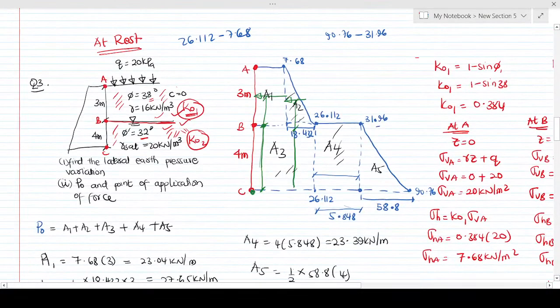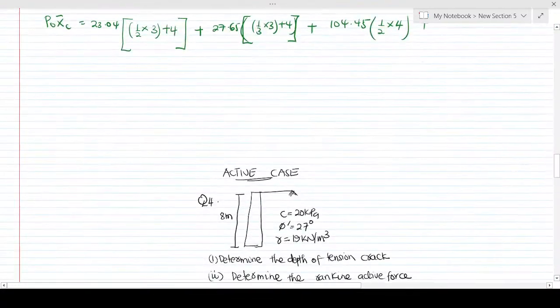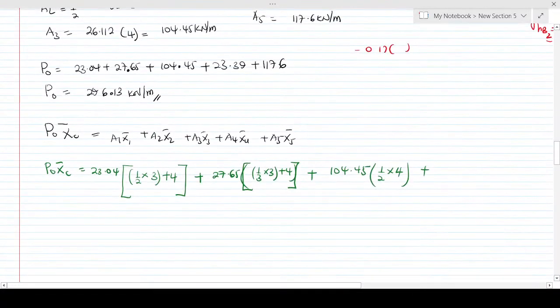Because we are in this region, if you find half of the rectangle, it will bring you directly here. You get it? That's why here you are not seeing any plus 4, because it brings you directly to the point where you are taking the moment.